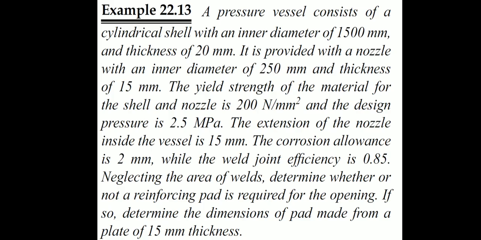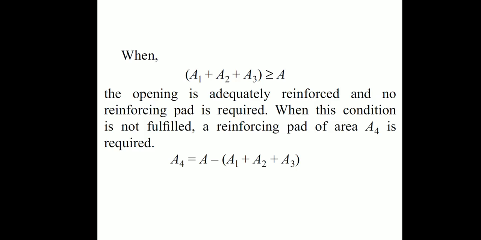So in short, in the problem we need to calculate the area removed and the area added. If the area added, A1 plus A2 plus A3, is greater than the area removed, then there is no requirement of a reinforcing pad.